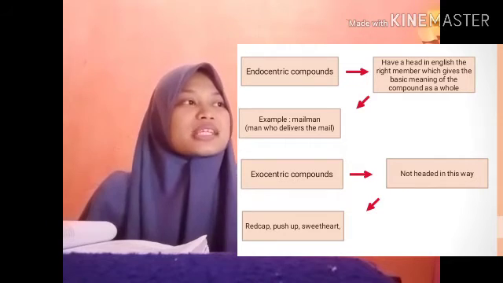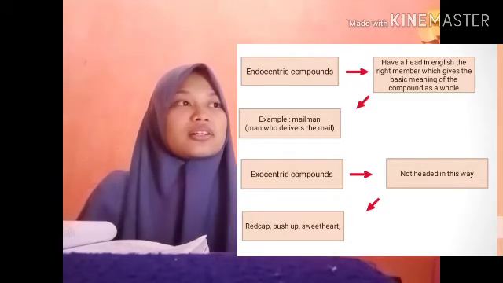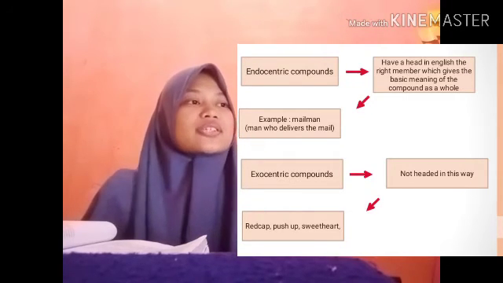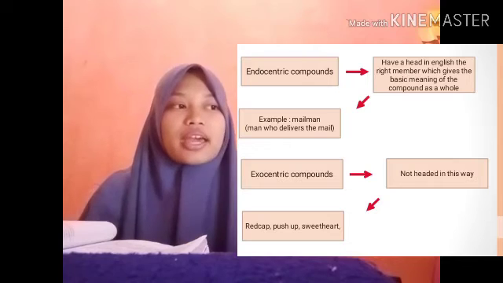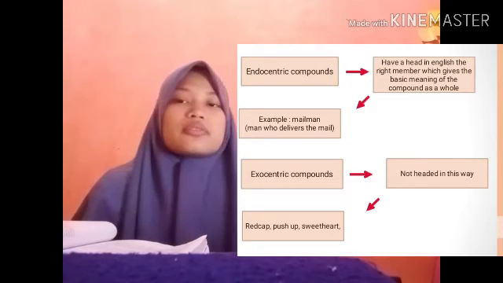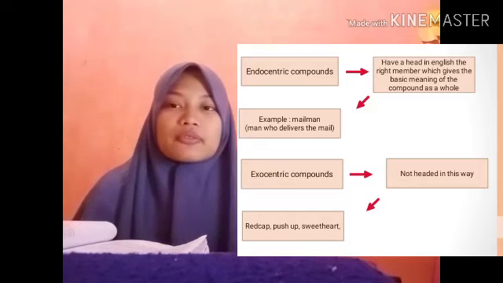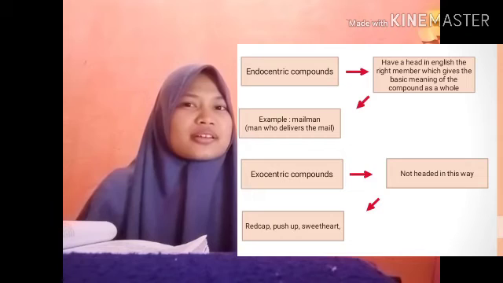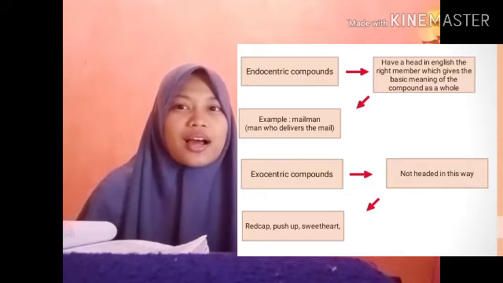The basic meaning we can know from mail and man, for example, a man who delivers the mail. But in exocentric compounds like redcap, push-up, or sweetheart, we cannot find the basic meaning from the words, like a redcap. What is a redcap? It is not simply a cap with the color red.